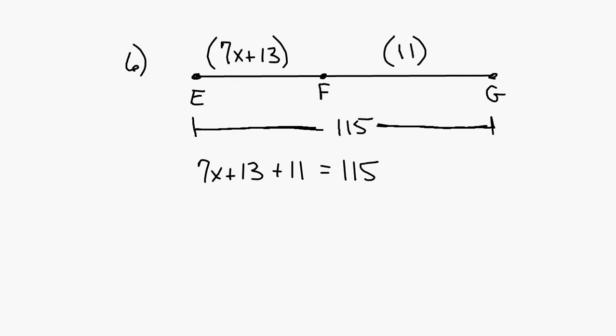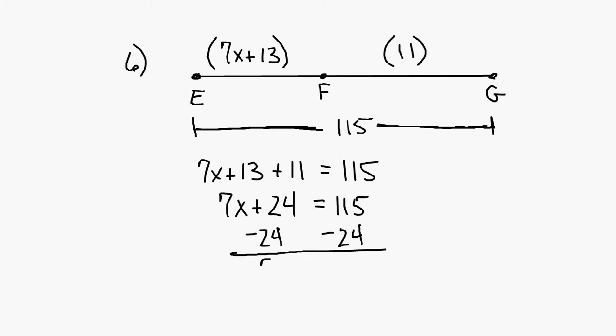So now, on the left-hand side, you can combine like terms. So 7x plus 13 plus 11 is 24 equals 115. If you subtract 24 from each side, then 7x is equal to 91.